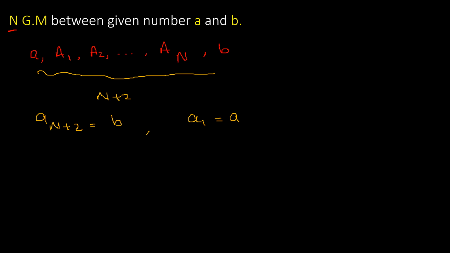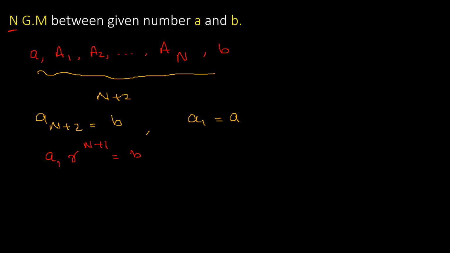So by the formula for the geometric progression nth term, a1 r raised to power n plus 1 equals b, and a1 is nothing but a.